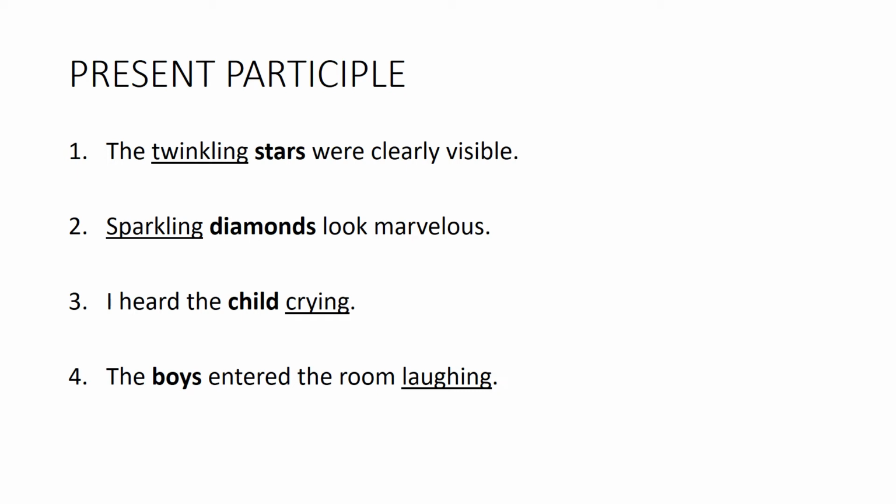In the above sentences, the words twinkling, sparkling, crying, laughing act as verbs as they are formed from the verbs twinkle, sparkle, laugh, cry, and also as adjectives because they are describing the words stars, diamonds, child, boys.